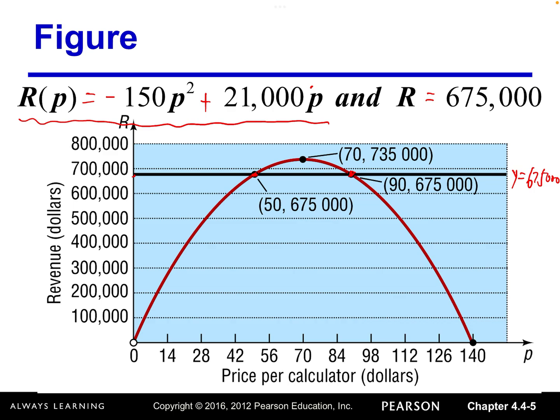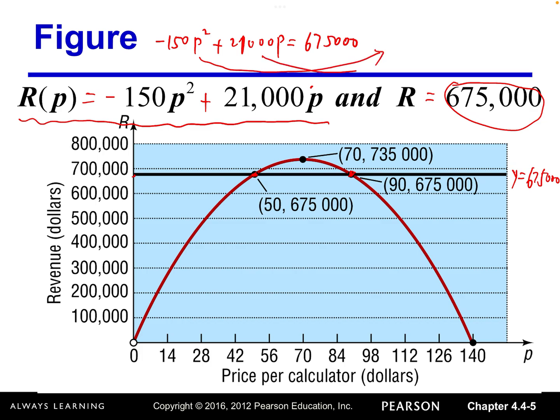So we solve the equation negative 150 p squared plus 21,000 p equals 675,000, right? Just replace R by this given value. And then we move all the terms to one side. Let's move both terms to the right-hand side.